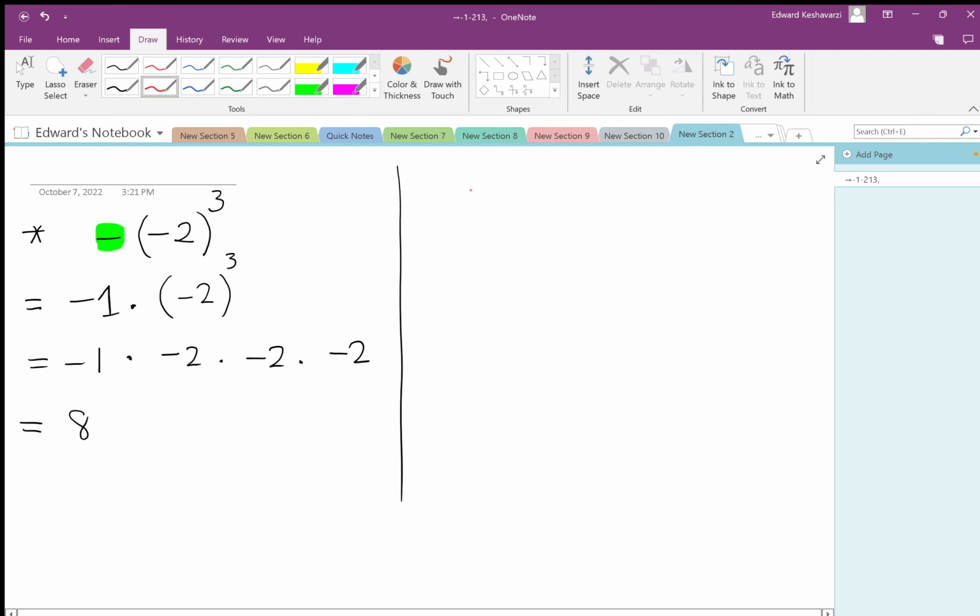Next example is negative 2, to the power of 4, plus negative 2 to the power of 4. Often students are confused about the difference between these two expressions. Let's calculate negative 2 to the power of 4.